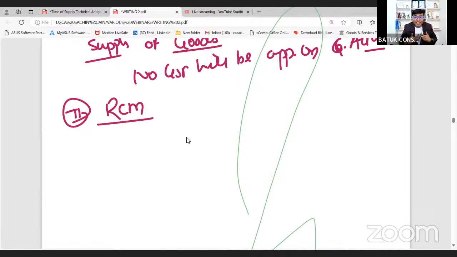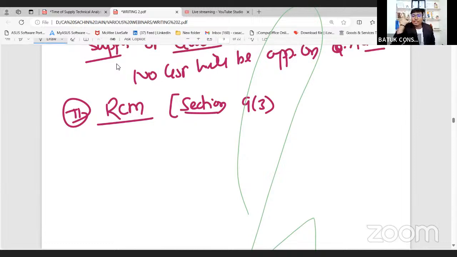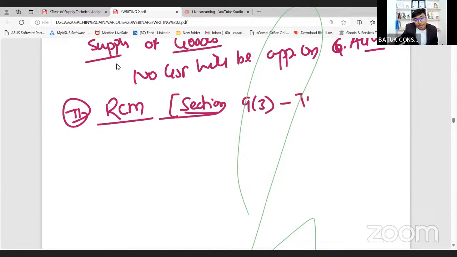Suppose Sachin has made the supply to Mr. Mukesh of a specific goods which is mentioned in section number 9 subsection 3, जो कि section number 9 subsection 3 में specified है. और उस सेक्शन नंबर 9 सबसेक्शन 3 में स्पेसिफिकली लिखा हुआ है, those goods which are mentioned in section number 9 subsection 3, in that case supplier will not be liable to make the payment of the taxes, buyer will make the payment of the taxes. तो जब बायर को टैक्स का पेमेंट करना है, at that time we need to think from the perspective of buyer. So in this situation, what will be the time of supply?